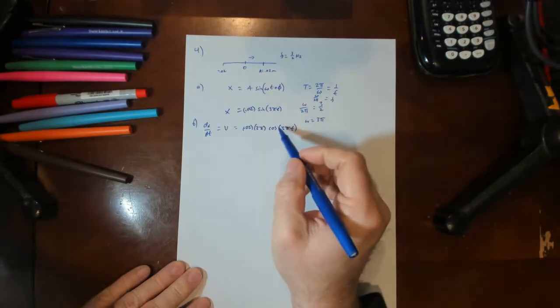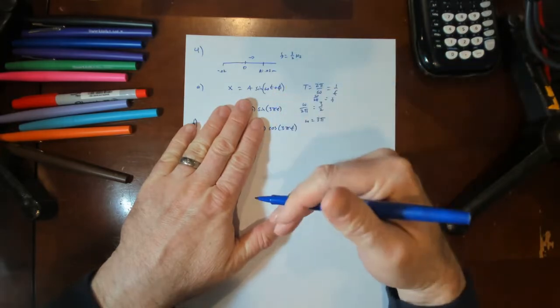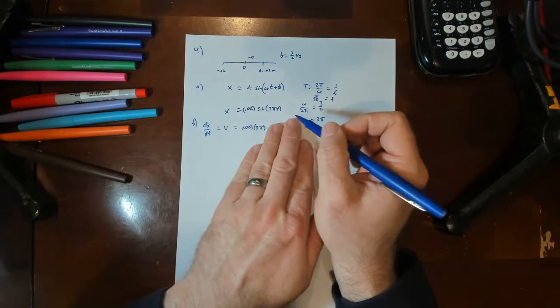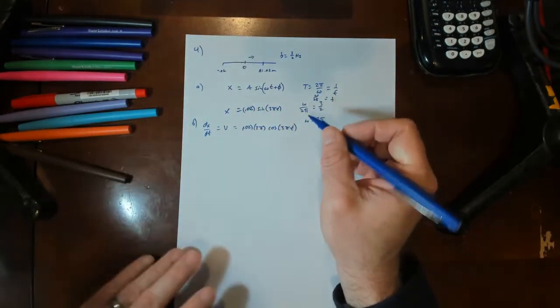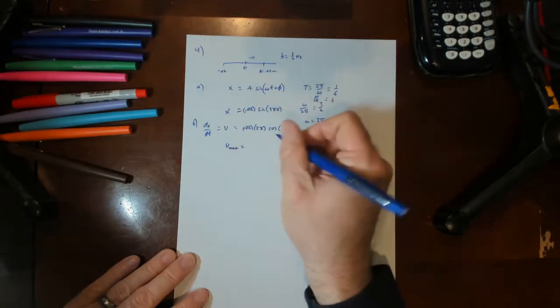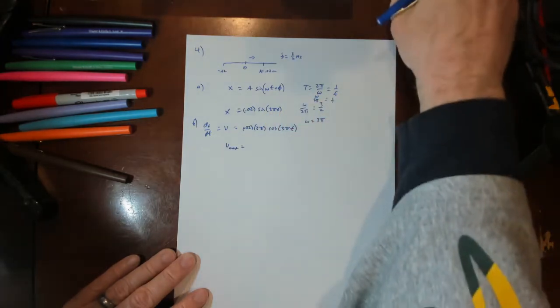Now wait a minute. I remember that any cosine function varies in size from -1 to +1. So the maximum value is 1, which means the maximum value of this function is just 1 times the coefficient in front. So v max is just the coefficient in front of the trig function: 0.02 times 3 pi.